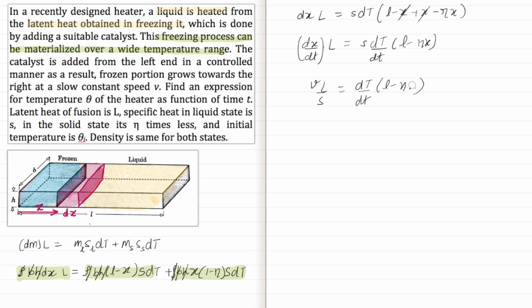And also here x can be written as v into t, since the velocity is constant, the distance x would be v into t.